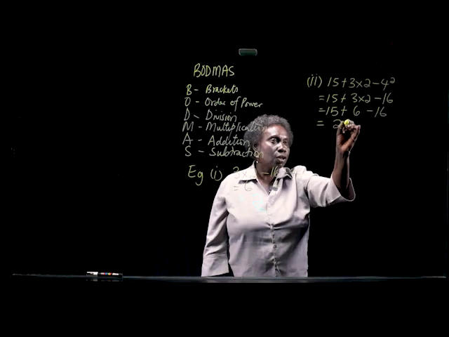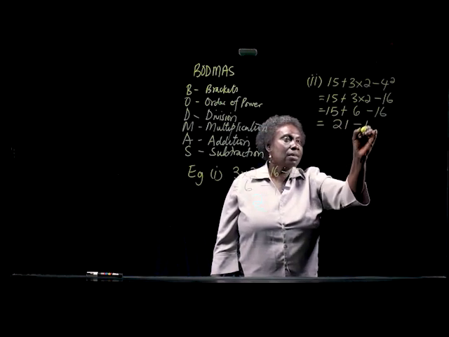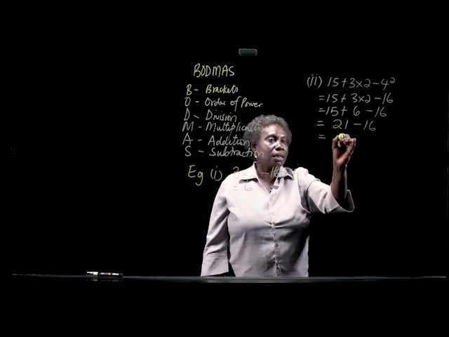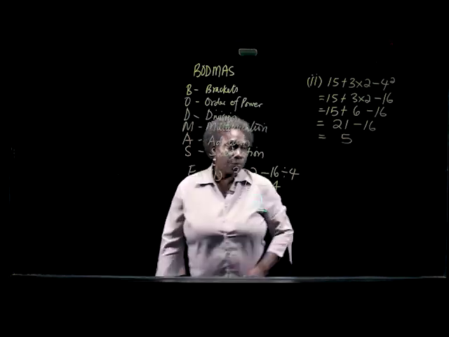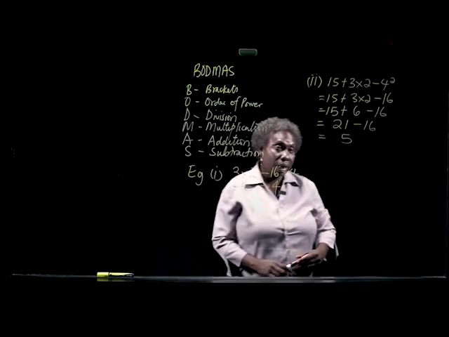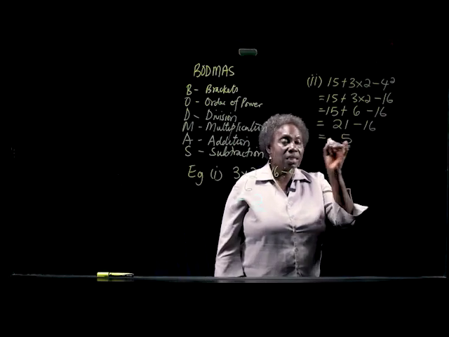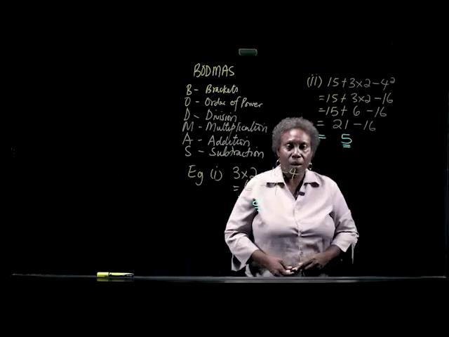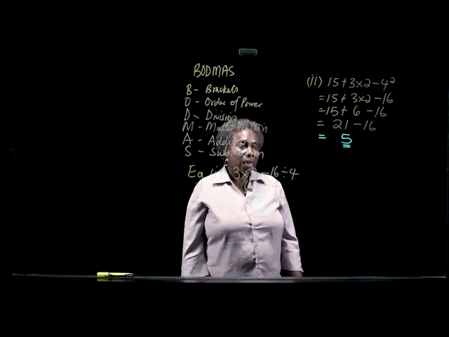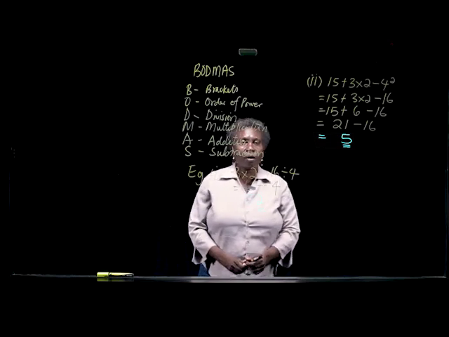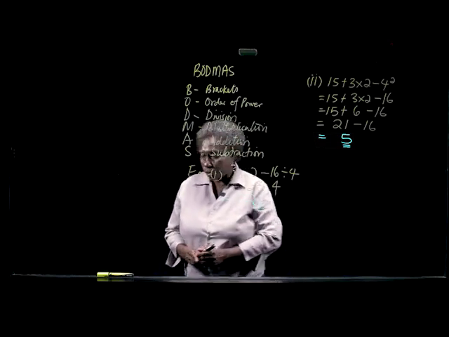So, 15 plus 6 is 21, minus 16. That leaves us with 5. So, from this, we can see that 5 is the answer to our question. That was example number 2. Let's look at our final example, which is example 3.